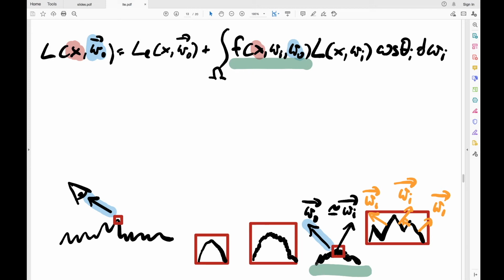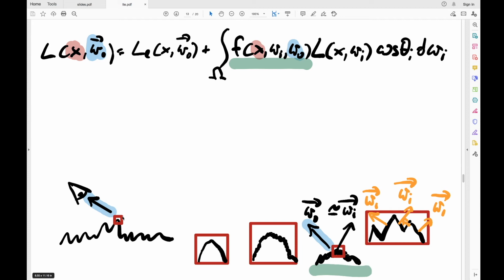So the BRDF describes the surface property at x, and there are a bunch of different BRDFs out there. BRDFs can actually be measured, and there are also analytical BRDFs, for instance for mirror-like surfaces or for very rough surfaces like stone or chalk.